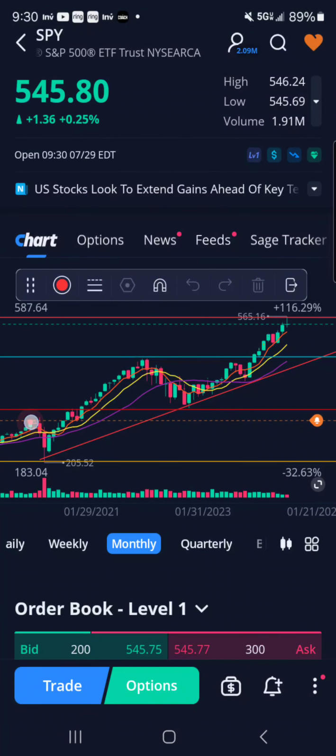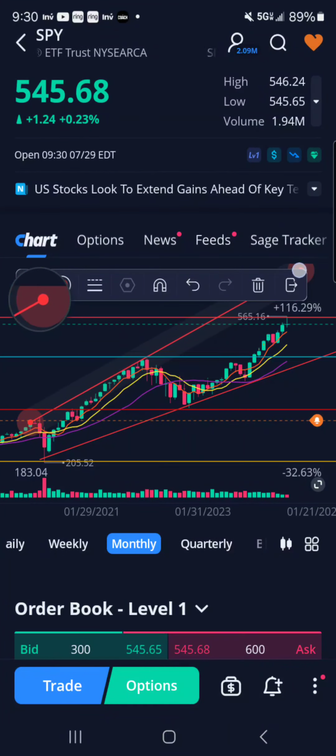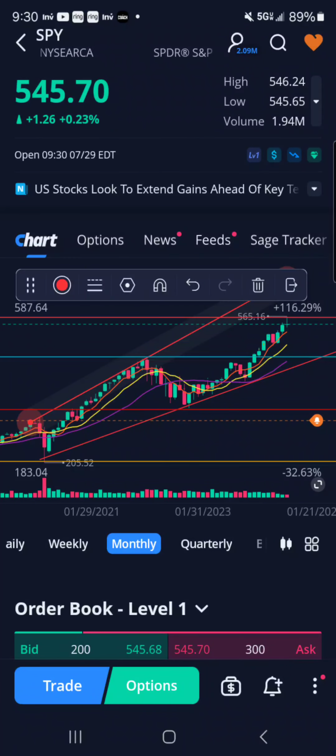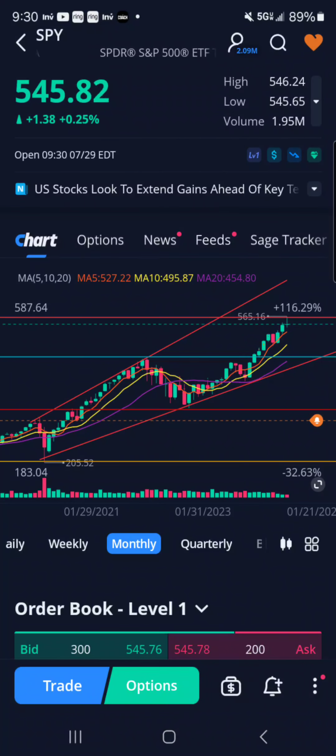Let's draw this line real quick so you see the trend. Actually, that uptrend has a lot more room to go even higher, based on this chart. So we could see some more momentum going up, some more upward movement.